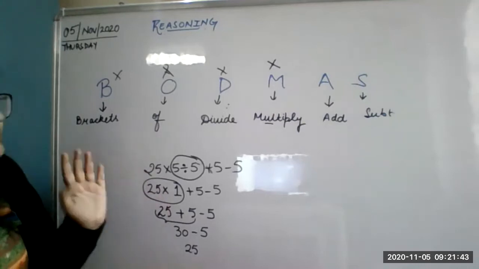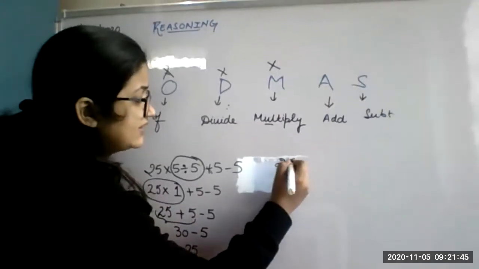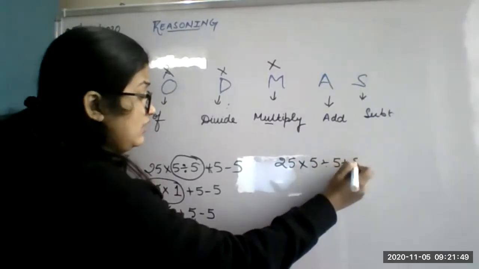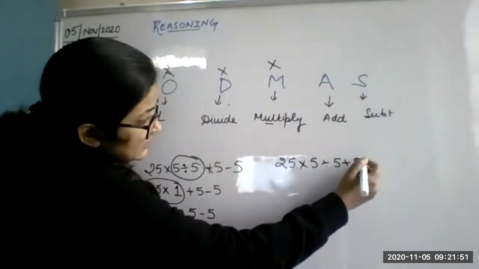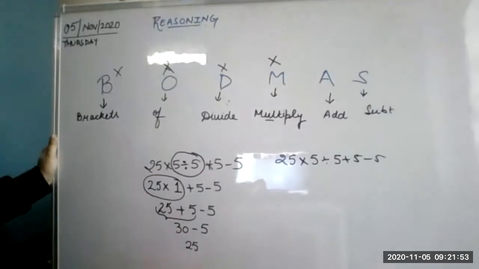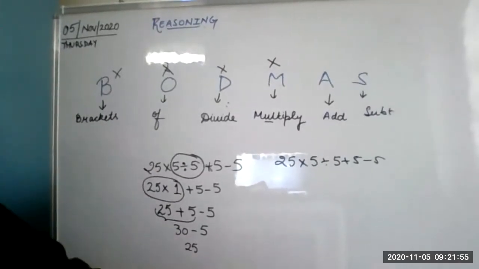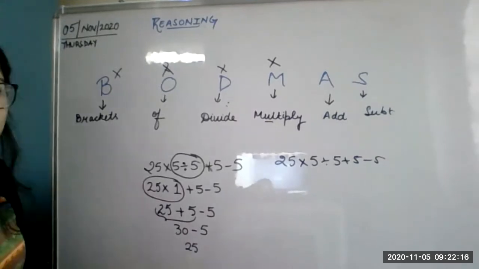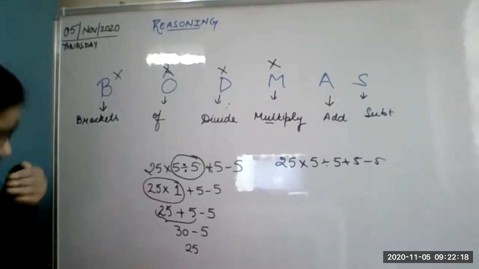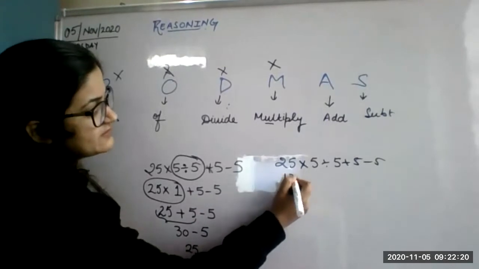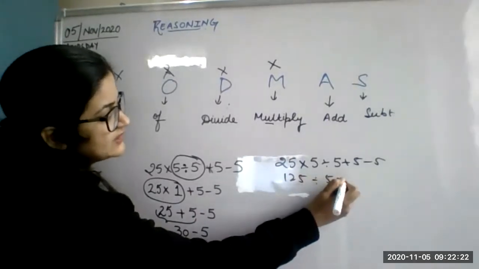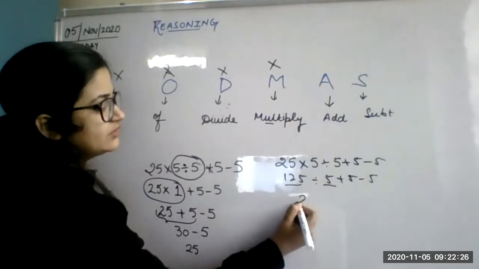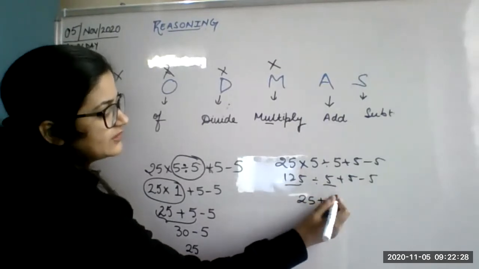Yes, ma'am. If you solve like this, the answer would have been different. Excuse me. Just wait for a second. Excuse me. 25 5s are 125 divided by 5 plus 5 minus 5. 125 divided by 5 will be 25, plus 5 minus 5.